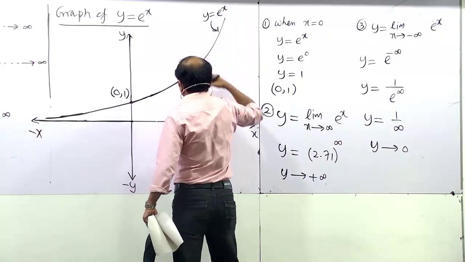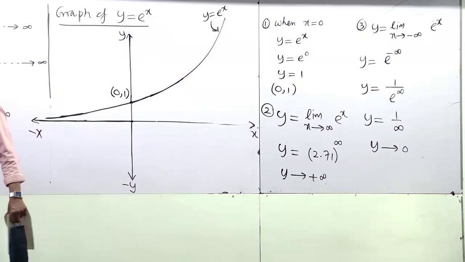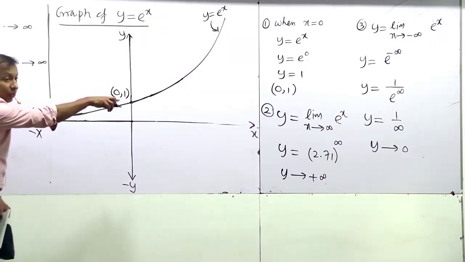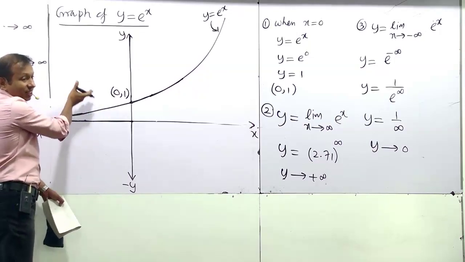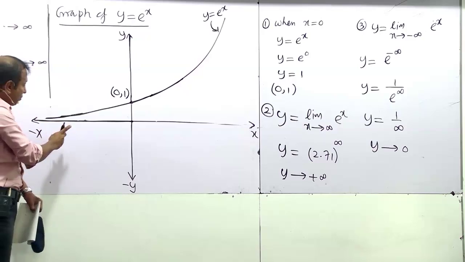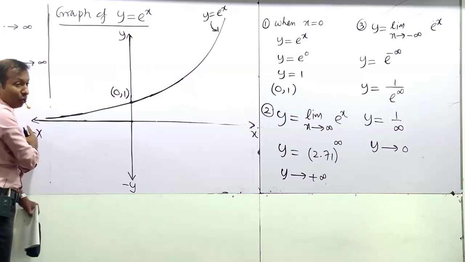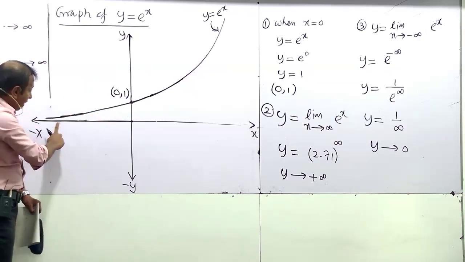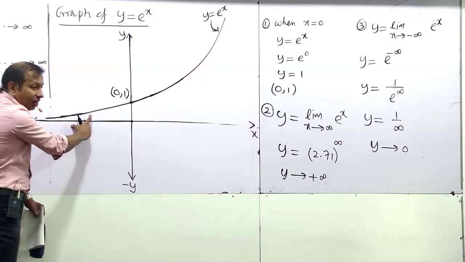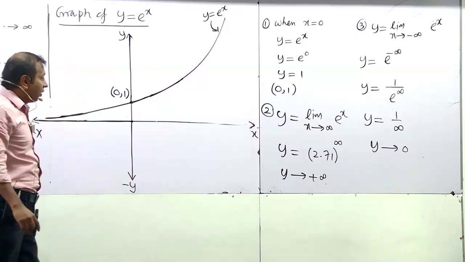Then you can see from negative infinity up to positive infinity, the graph is lying above the x-axis. That means everywhere y is positive on the graph. When we move from the negative end to the positive end of the x-axis, y is positive everywhere.